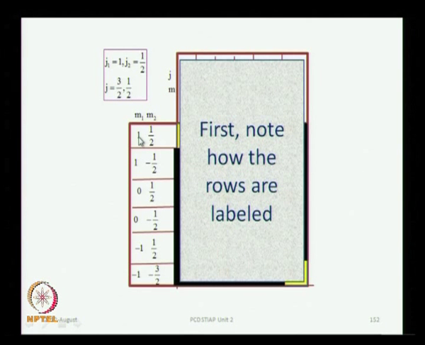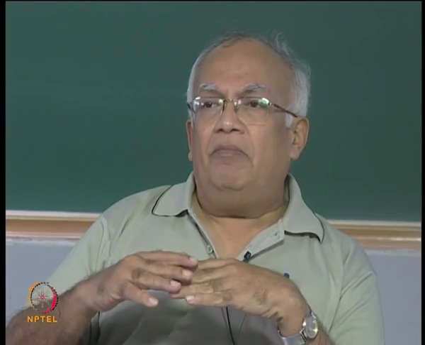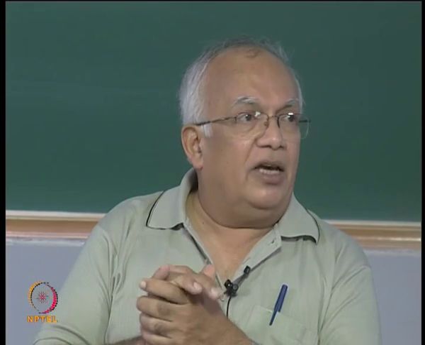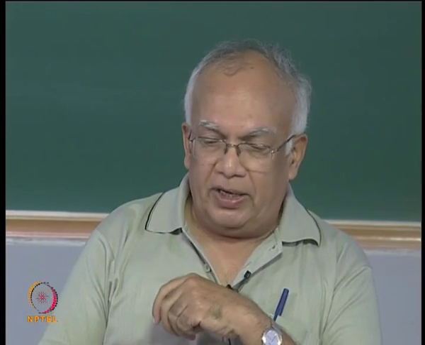The maximum value for m1 for j1 equal to 1 is 1, and then m2 equal to half, then the next lower value of m2 which is minus half, then the next lower value of m1 which is 0, and then the 2 values of m2, and then you go to the lowest value that m1 can take, and then the corresponding two values of m2. So, this is how you label the rows. Do not mix them, because if you do that you will not get the Clebsch-Gordan coefficient matrix in block diagonal form if you do not label them appropriately.